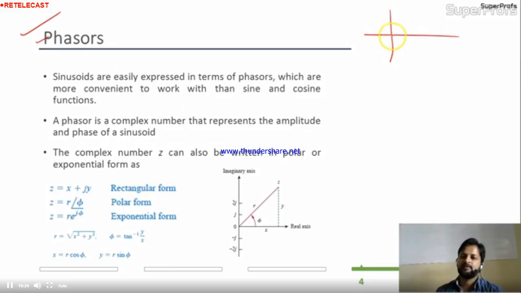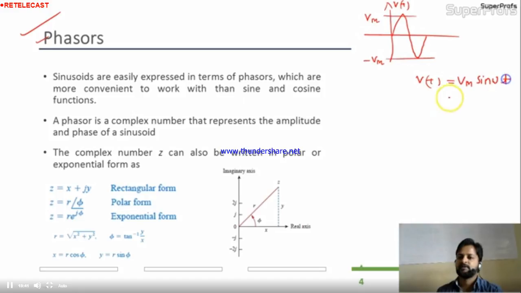Till now, if you have any sine waveform, v(t) is given over here. You know the Vmax of the sinusoid wave, and you can write v(t) as Vm sin(omega t).